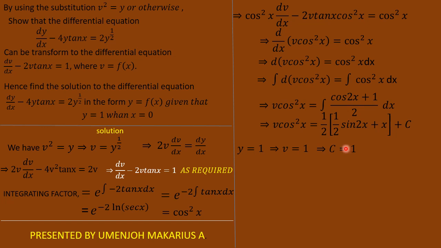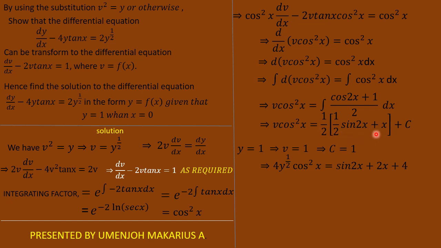Good. Now, if we bring forth our c to be 1 in this expression and we replace everything, and we multiply all through by 4, we should expect to have 4v. But what is our v? Our v is y raised to the power 1/2. We are going to have 4y to the power 1/2 cos squared x, which is the same as multiplying here by 4, simply gives us sine 2x.